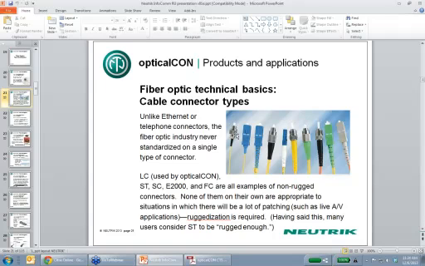So it doesn't really matter what connector you have on either side. The point is you can mix and match these connectors on either side. So you can have LC on one side, SC on another side, whatever you want to do. It doesn't matter as you're connecting this equipment up. It's unfortunate that we never standardized on a connector, but we haven't, and I have to say it doesn't look like we're going to do it.